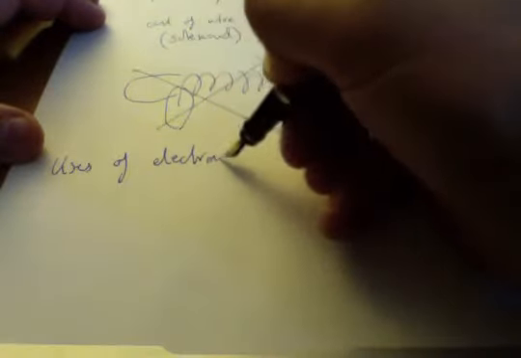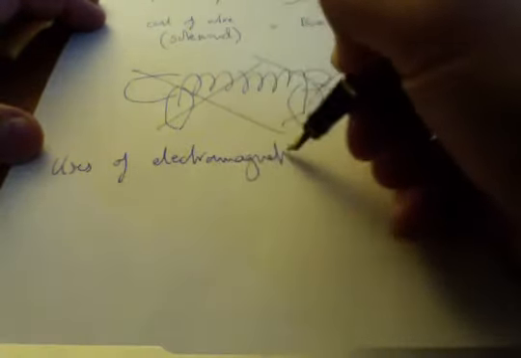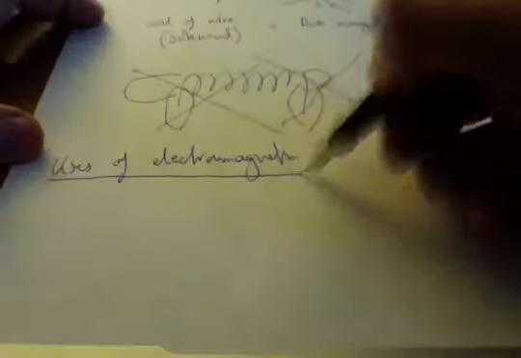Okay, we're going to make use of some uses of the electromagnets. And we're going to use 3 uses. One of them will be turning on a very bright light.